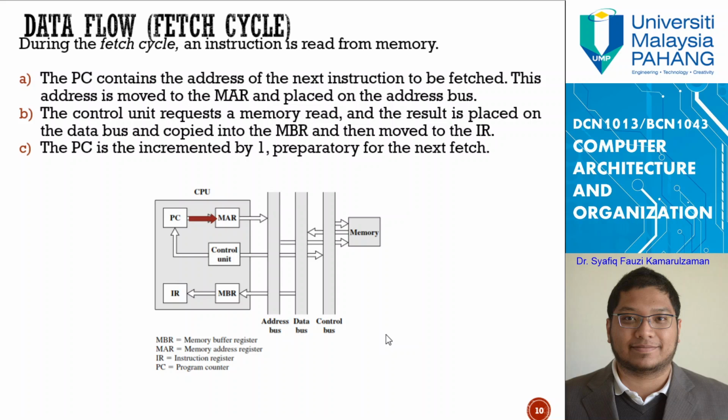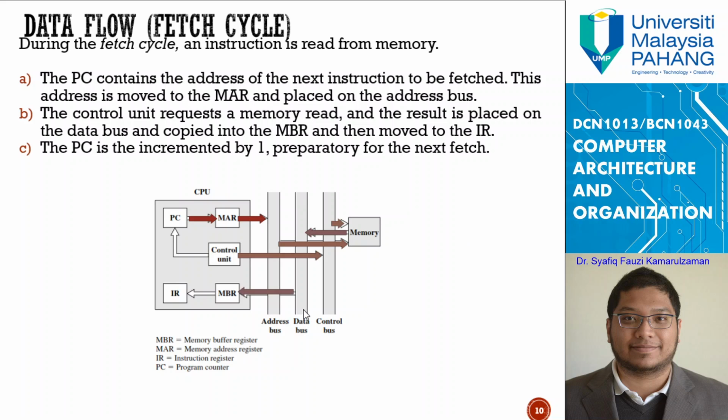So from the program counter, you have an address put onto the address bus. From there, the control unit will request a memory read according to the address that you have put onto the address bus. The memory will read the control instruction and then read the address, and it will respond by putting the data onto the data bus.